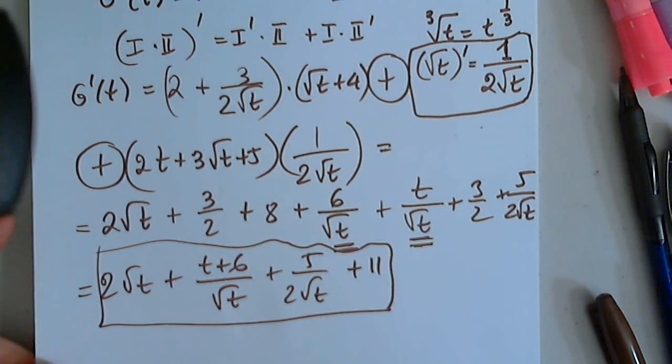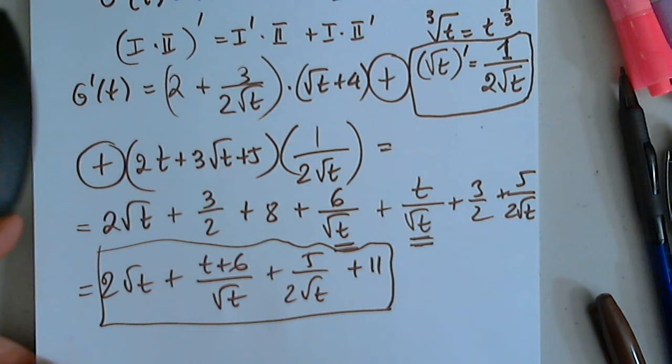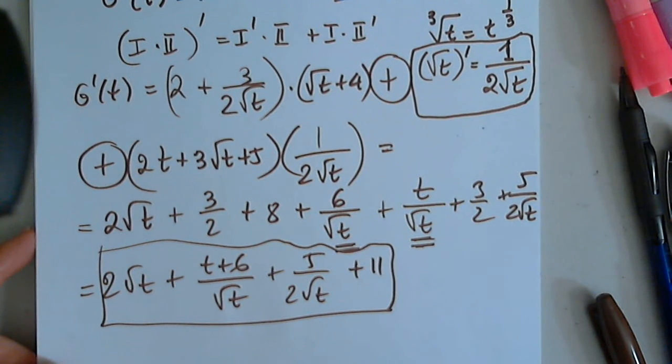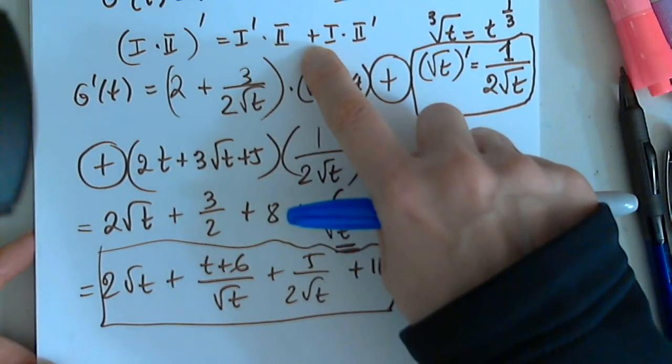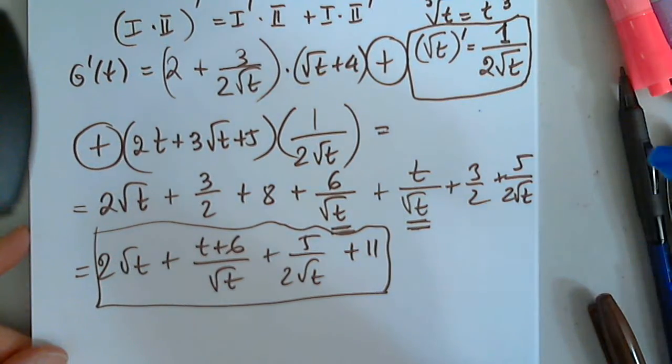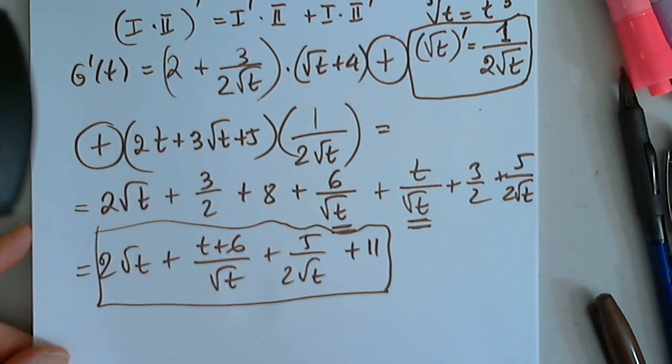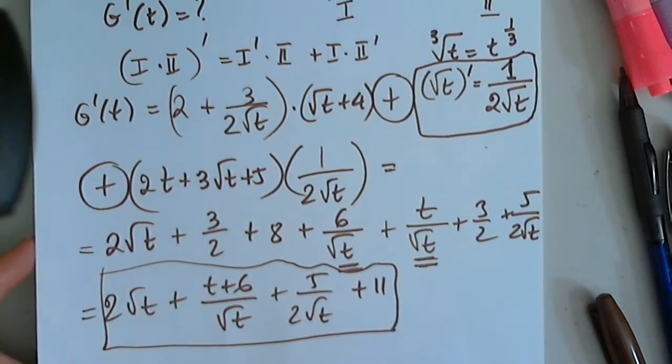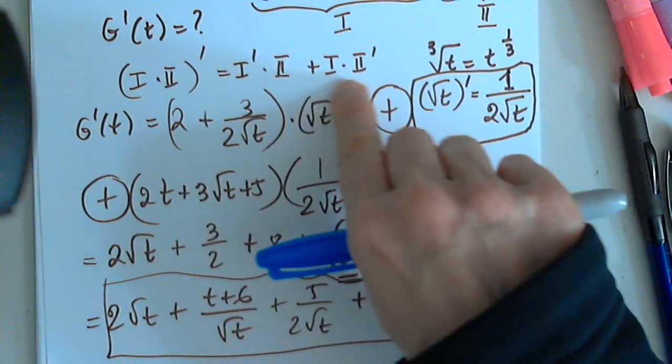So when you were doing the derivative of t, why didn't you add the plus 4 after doing the derivative? So I followed the rule.